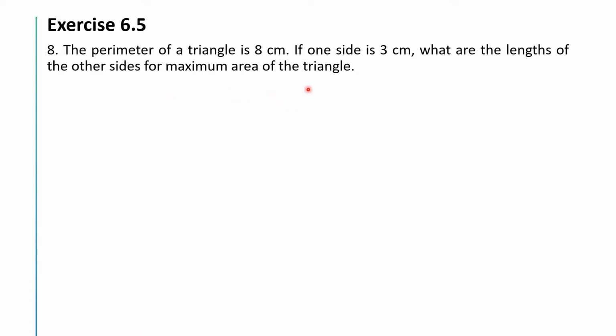Now let the sides of the triangle be x, y, and one side is already given, equal to 3 cm. So they have given the perimeter of the triangle as 8 cm, which means x plus y plus 3 is 8. So we will be able to have y in terms of x.